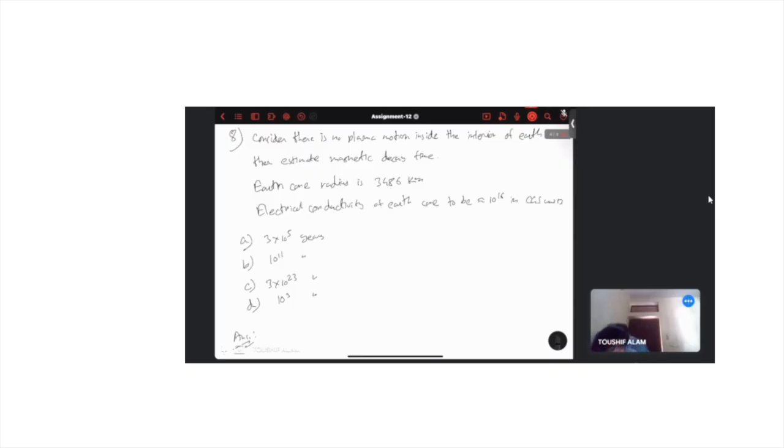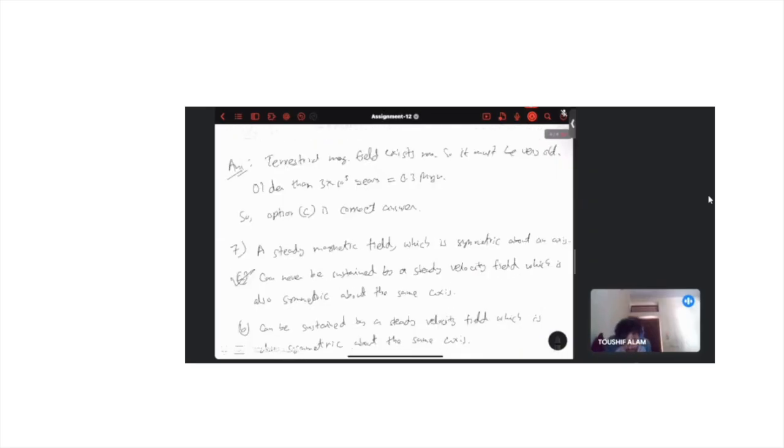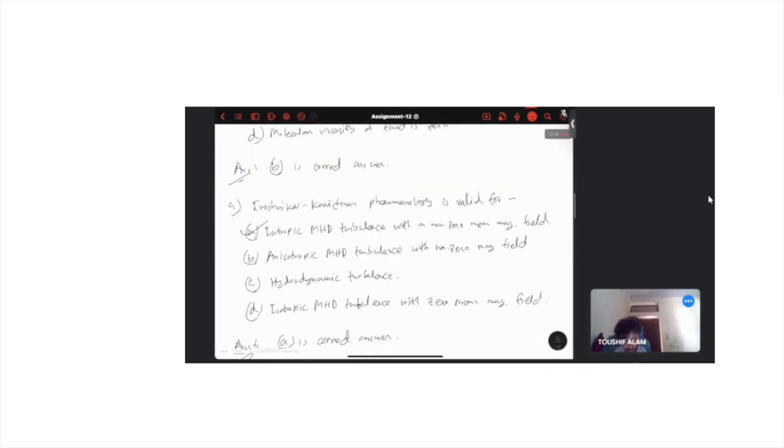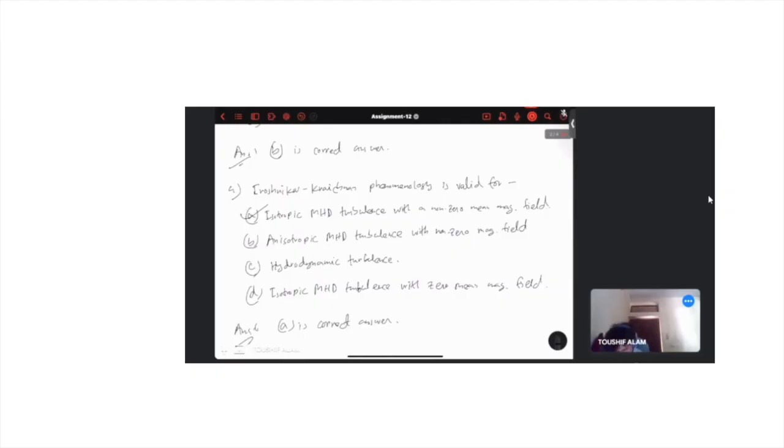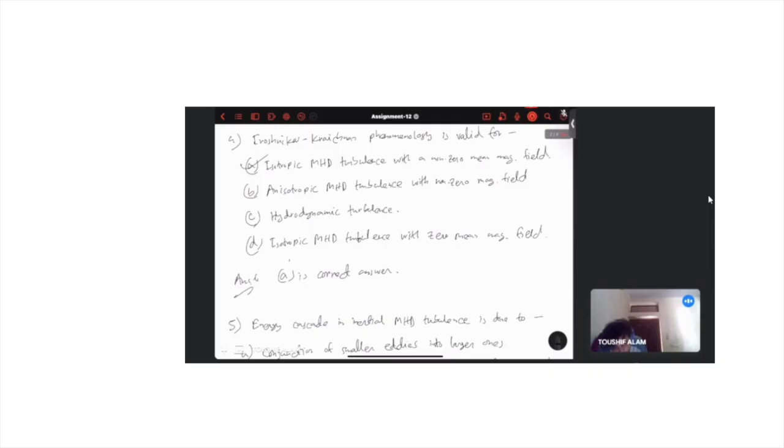The radius is given and conductivity is given, right?